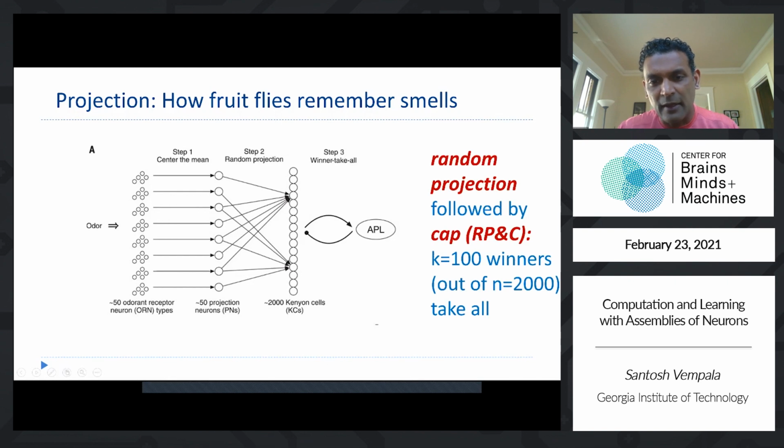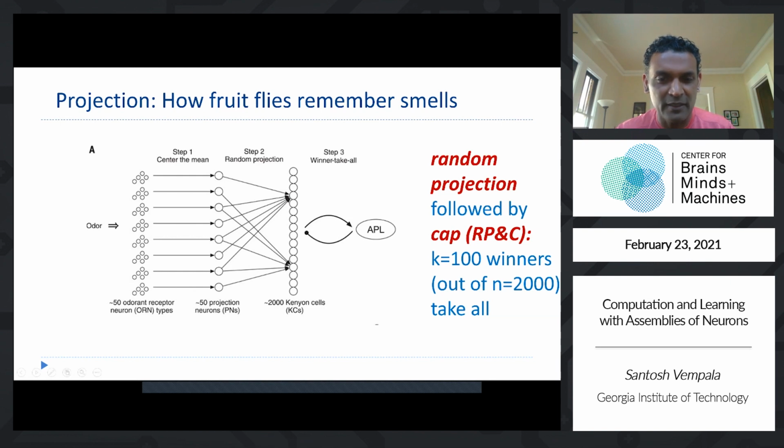And then there is this strange step here, where these 50 are expanded to about 2,000 Kenyon cells. Each cell seems to be more or less a random combination, a fixed but random combination of these 50. So you've got this expansion. And after this 2,000, what goes forward up to the rest of the nervous system here is just the top 100 or so.